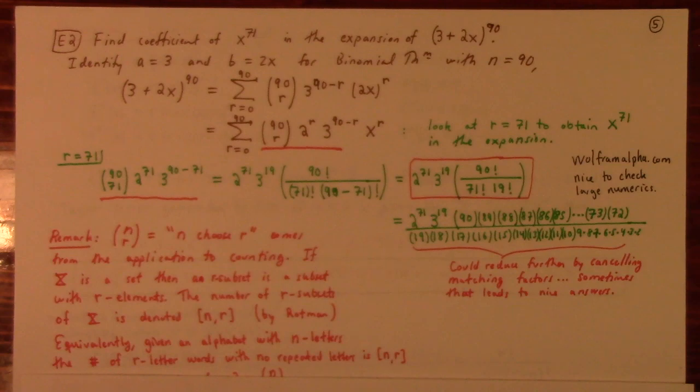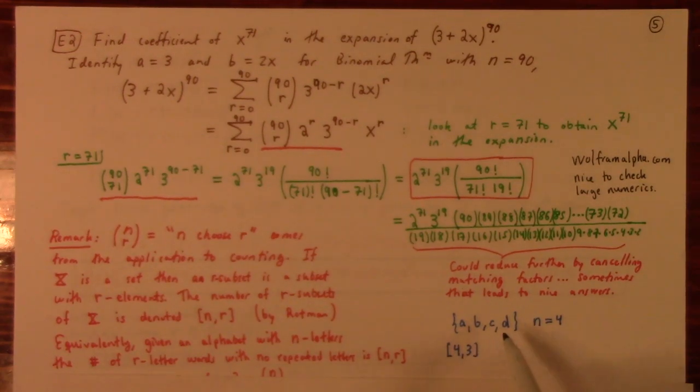Let me give you a short example of that. So suppose your alphabet is A, B, C, D. All right, so that's your alphabet. So here we're looking at n equals 4, and let's look at words of length 3.